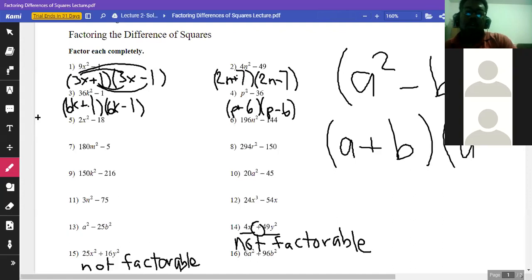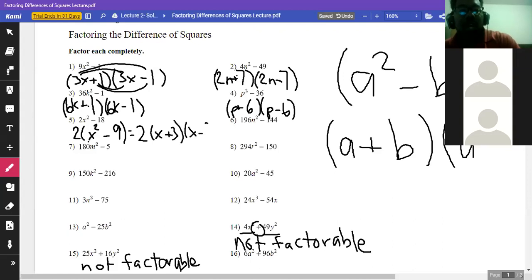Just 2, sorry. 2. Yeah, no worries. Yeah, exactly. I can take a 2 out. And that'll leave me with x squared minus 9. And x squared minus 9 is a difference of perfect squares. So then I can just factor that like I've been factoring. So it ends up being 2 times x plus 3 times x minus 3.